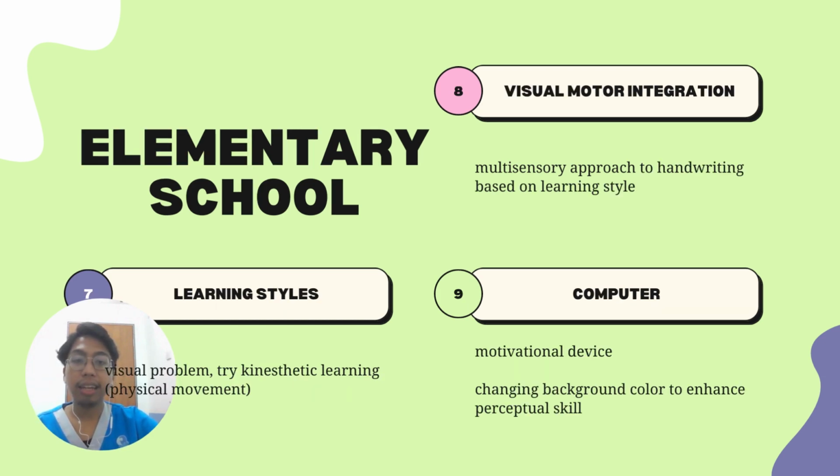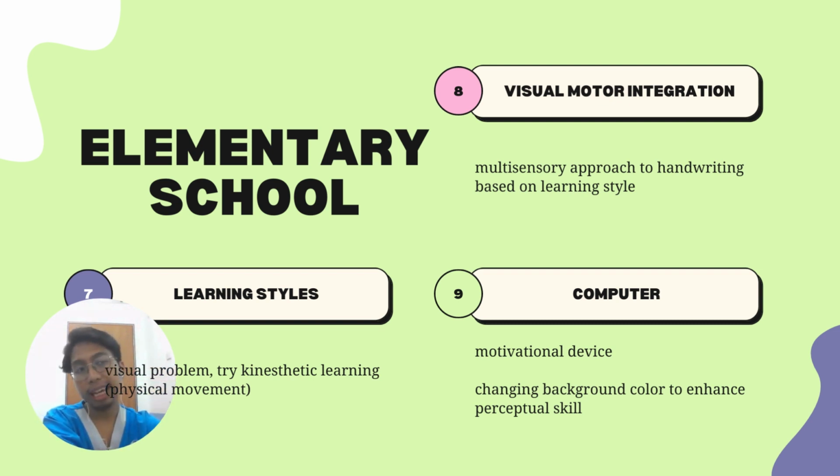And then next is learning style. This is an interesting thing. We have so many learning styles. Not really so many, it's just three, which is visual, auditory, and kinesthetic. If you know your child's learning style, it's easier for them to improve their visual perception.